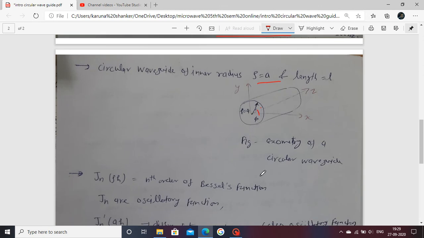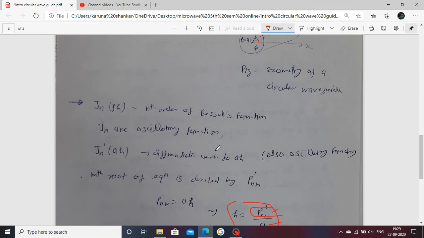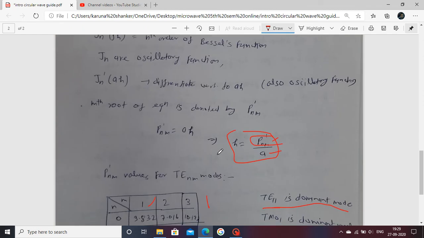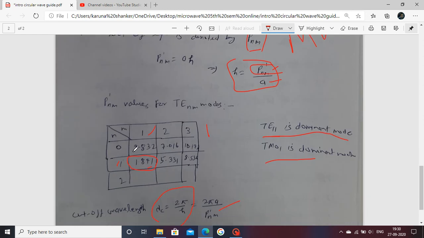This is the circular waveguide cross section. Rho is the radius, equal to a, and L is the length of the circular waveguide. This is the geometry of the circular waveguide. The Bessel function is used for calculation of the electric wave and magnetic wave values. Here the first index is n and the second is m. In the rectangular waveguide we used m first and n second, as integer values. The p prime nm value is calculated from the Bessel function by putting in different integer values.